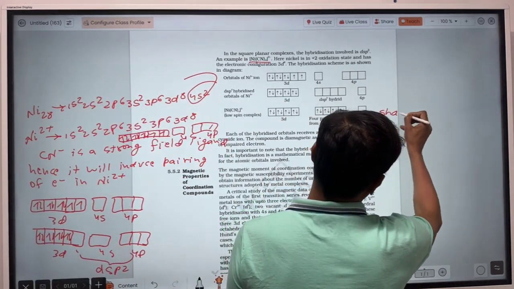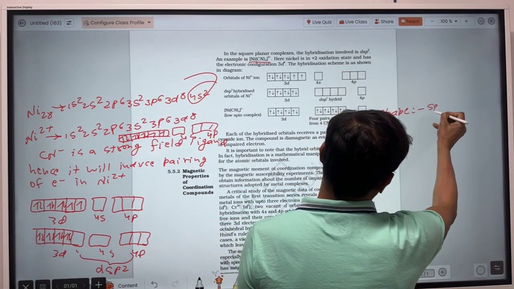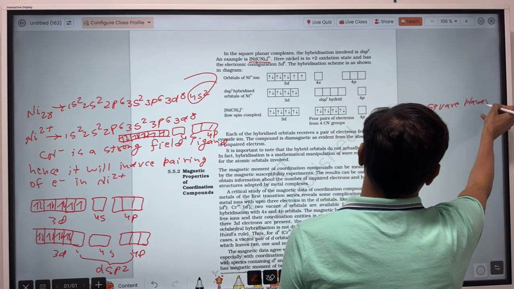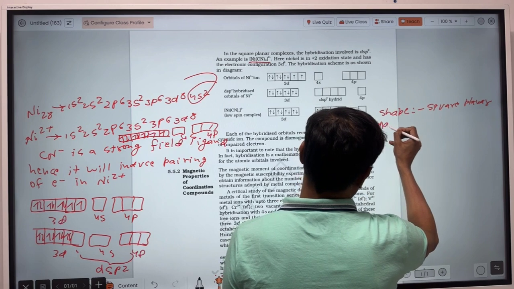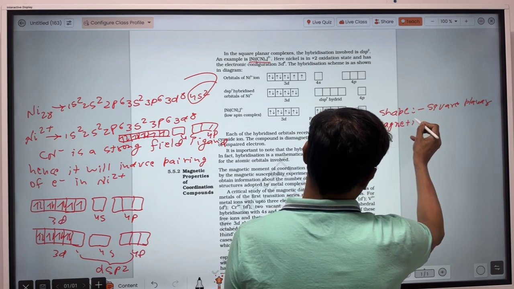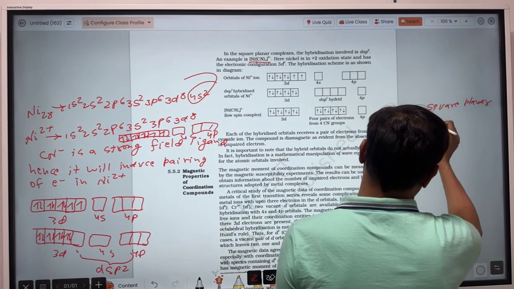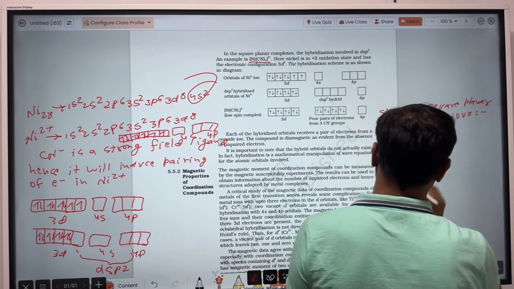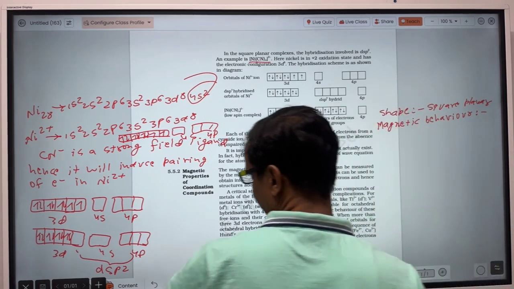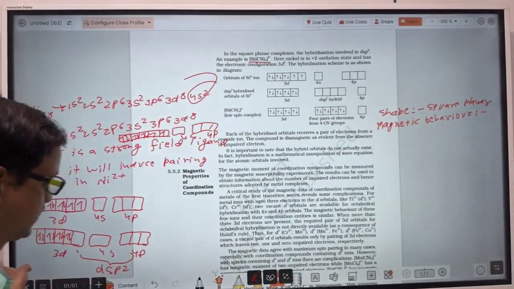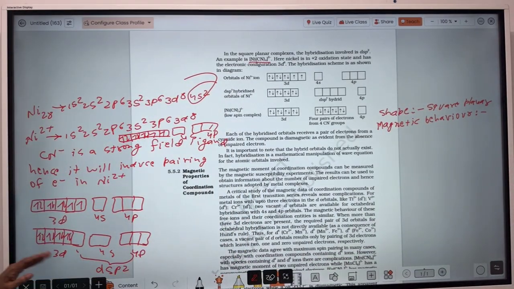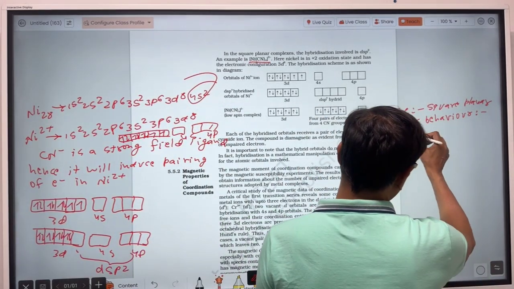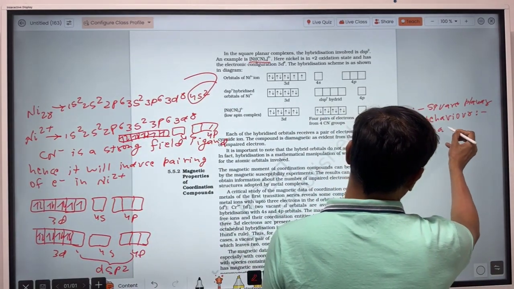So the shape will be square planar and the magnetic behavior here is diamagnetic. Since in this molecule there is no unpaired electron, the magnetic behavior will be diamagnetic.